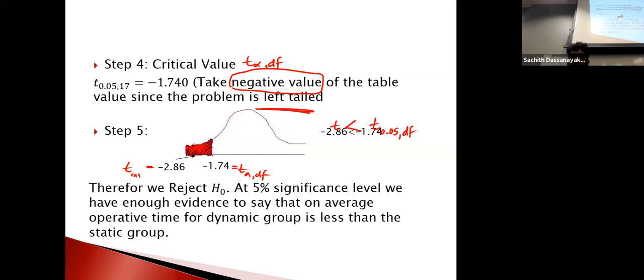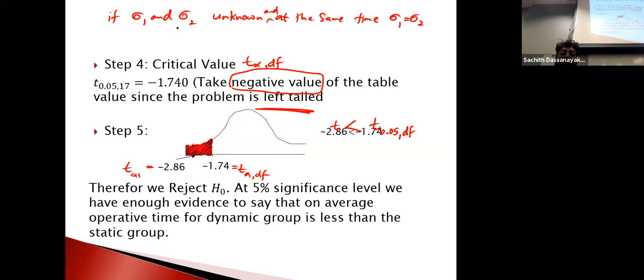Okay, clear? So remember this one: if sigma 1 and sigma 2 are unknown, and at the same time sigma 1 equals sigma 2, then you have to use what we did in section 10.2.